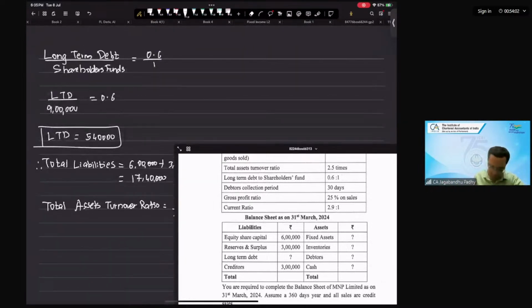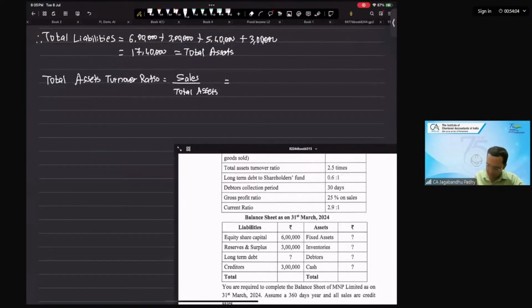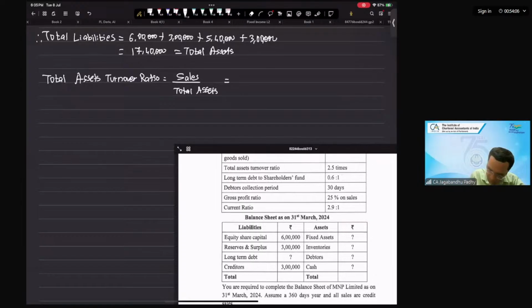We don't know the value of sales, but we know the total asset turnover is 2.5. So sales upon total assets of 17 lakh 40,000 is 2.5, and therefore the sales value is 2.5 into 17 lakh 40,000.